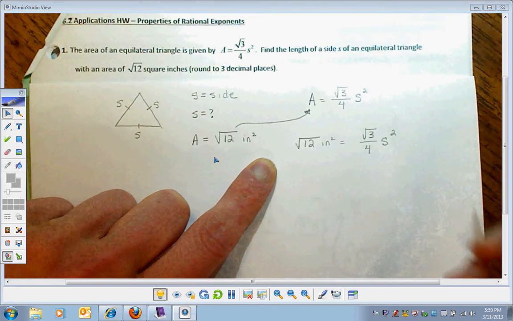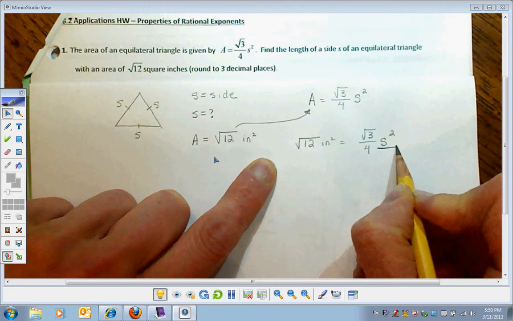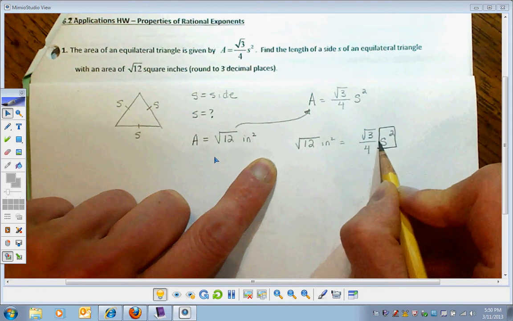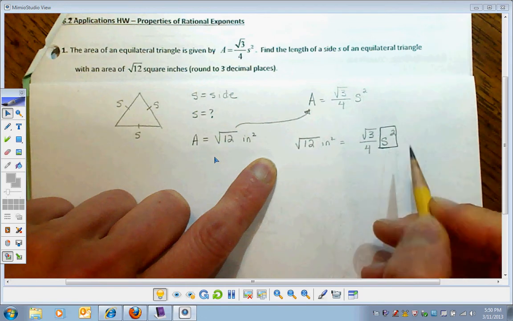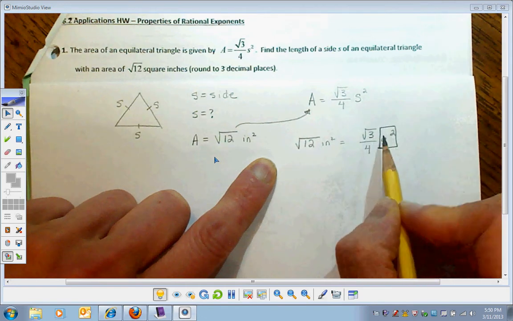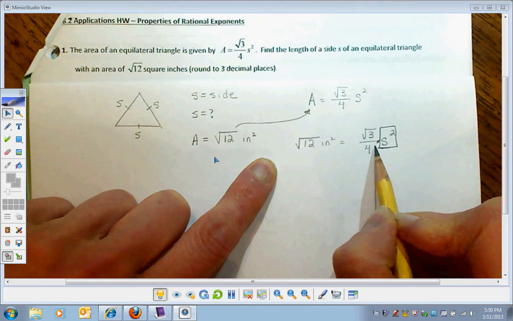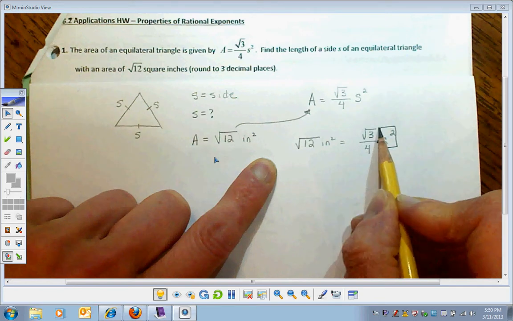So we want to solve for s, which means we want to get this by itself. Well, what's happening between the square root of 3 divided by 4 and the s squared? Well, those are being multiplied, which means we have to unmultiply this.